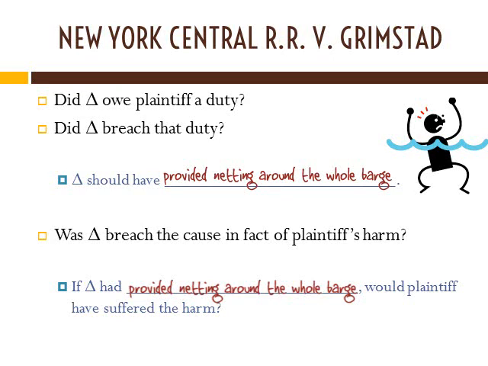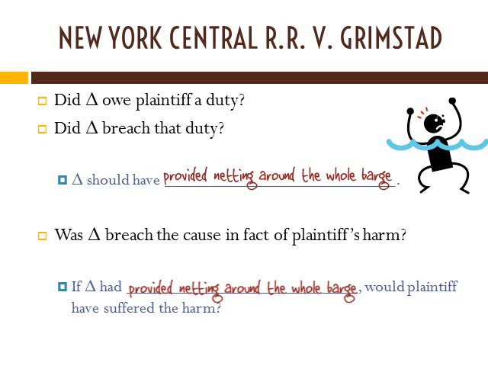Okay, so now they say they breached the duty. They should have provided netting around the whole barge, and if they had provided netting around the barge, would plaintiff have suffered the harm? Probably not. If there would have been netting all around it, the plaintiff would have fallen off the barge into the netting, his life would have been saved, everything would be hunky-dory.